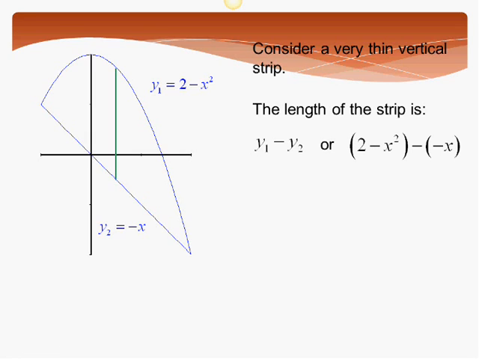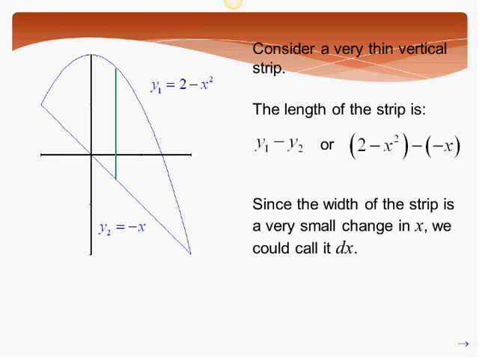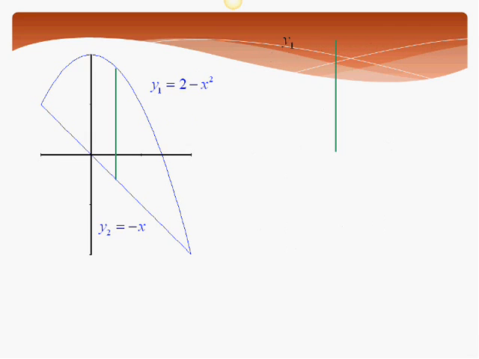So we have 2 minus x squared minus negative x. Since the width of my strip is a very small change in x, we're going to denote that as dx. So I have y1 minus y2 times dx.